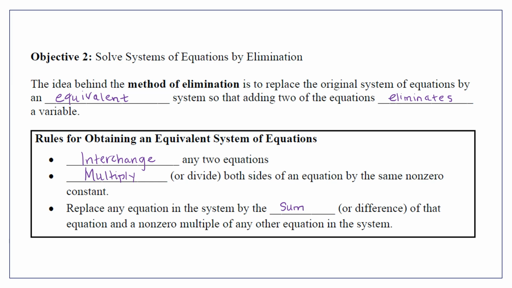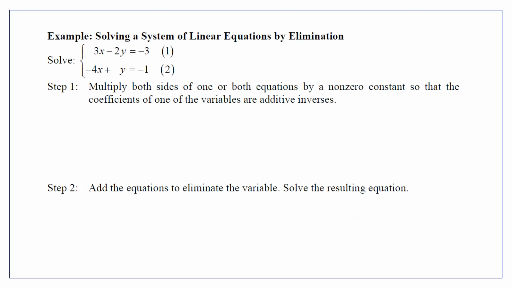Okay. So we're now going to apply this to an example. For this example, we have our system. We have two equations, 1 and 2. We have 4 steps that we're going to walk through in order to solve this system by elimination.